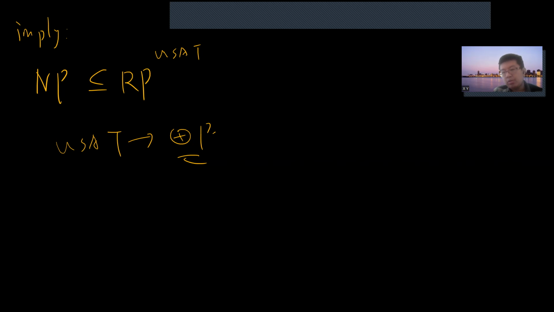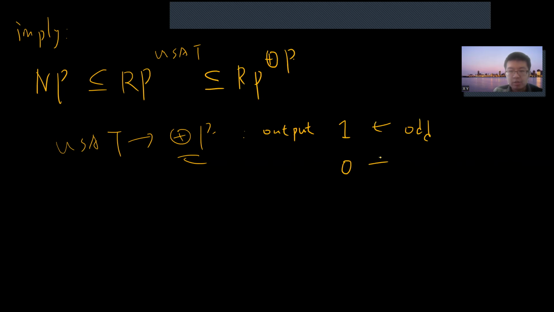But since your solution count is either 0 or 1, you can just use this parity P to replace USAT. Oh, sorry, USAT can be replaced by parity P, because parity P will output either 0 or 1. This is odd, this is even.